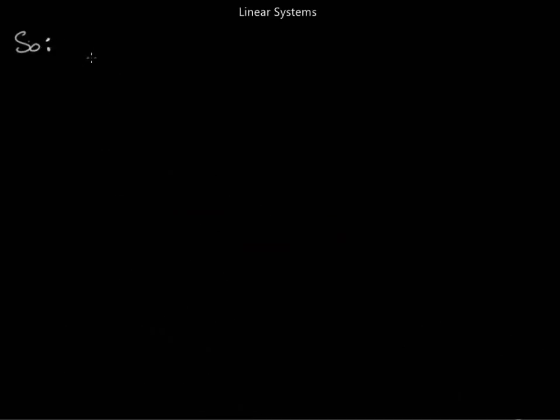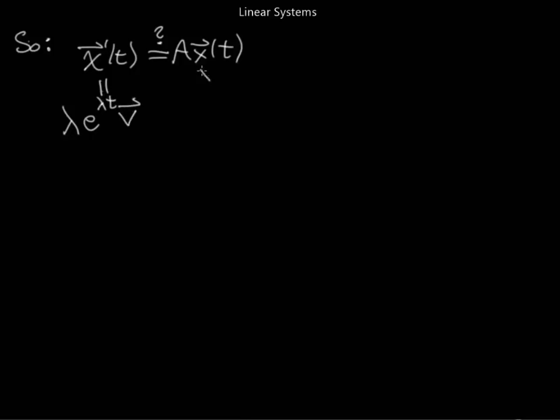Okay, so where does that leave us? I'm checking that x prime is supposed to be equal to A times x. And I just checked that x prime is lambda e to the lambda t v. And what is A applied to x? Well, A applied to x is A applied to e to the lambda t v.